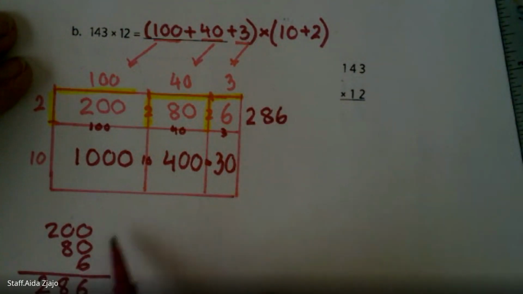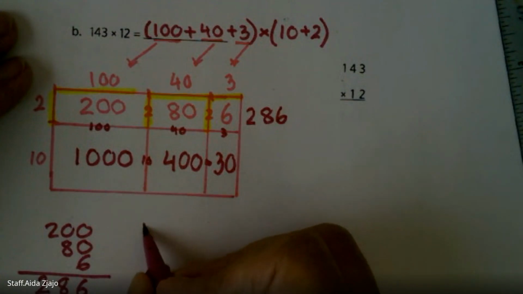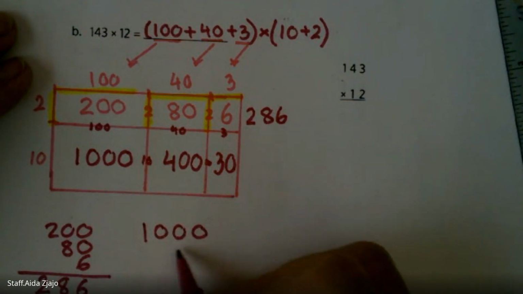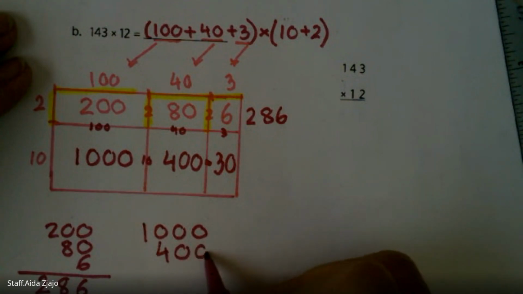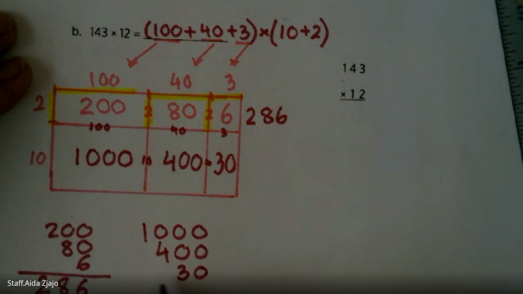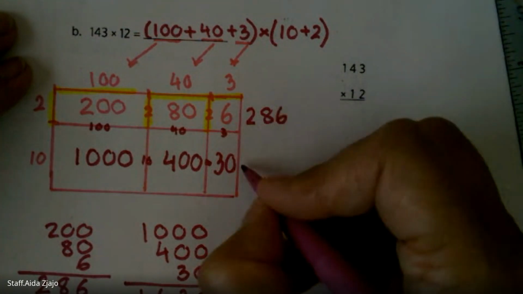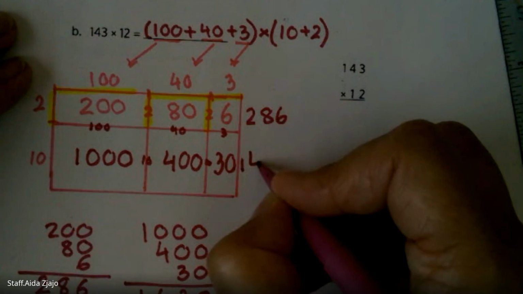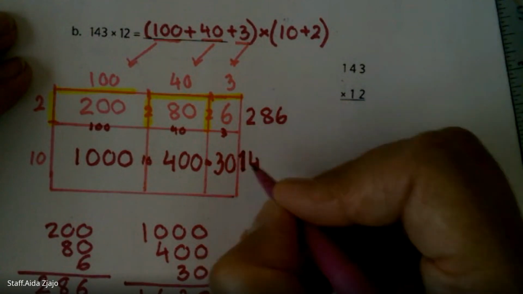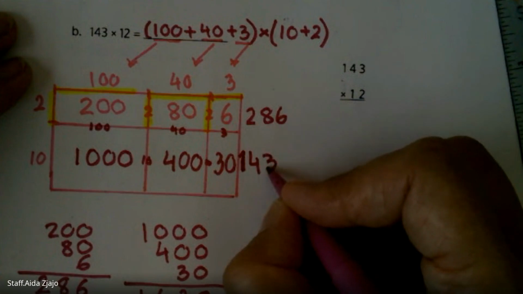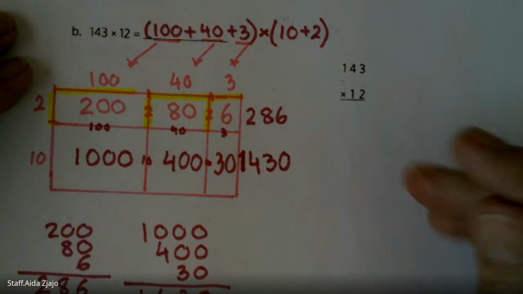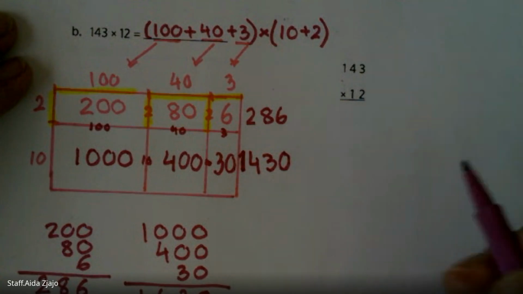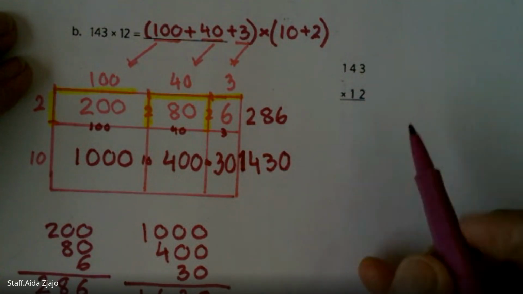And then this area is 1,000 plus 400 plus 30. So that becomes 1,430. Okay.